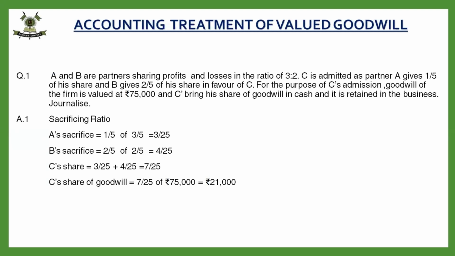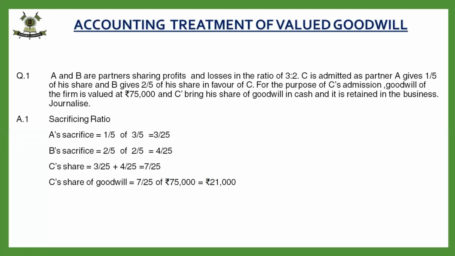I have a query: why is the share of goodwill distributed in the sacrificing ratio? Why not in the profit sharing ratio? Children, I discussed that the new partner is going to bring in premium for goodwill and capital. Capital, because he's acquiring two rights: the right to share the assets and the right to share the profits.